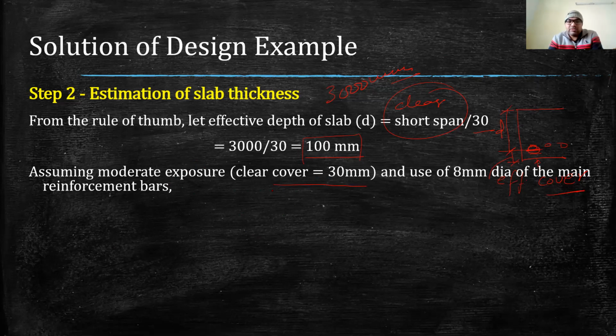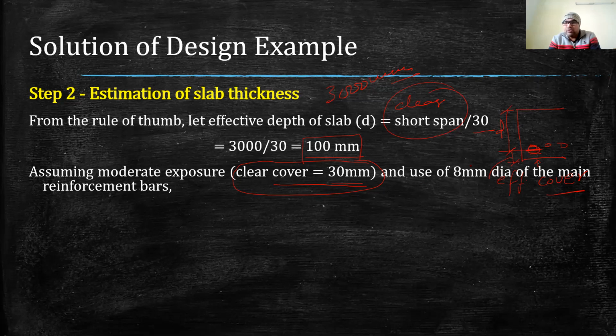For the concept of clear cover and how we find it, I have already explained it in the previous part, so you can refer to that. Clear cover here we are taking as 30 mm. We will also need to assume the dia of the bar, because as I said, effective cover comprises the clear cover plus half of the dia of the bar.